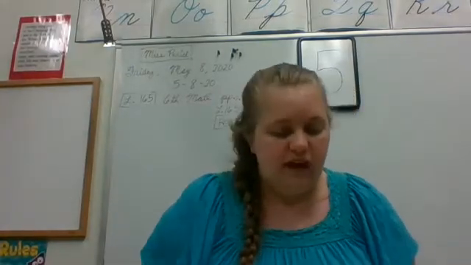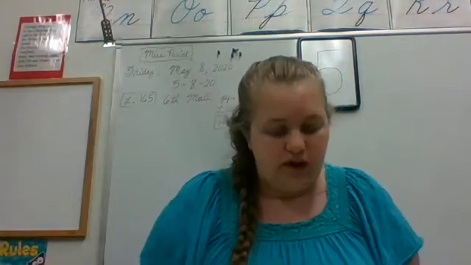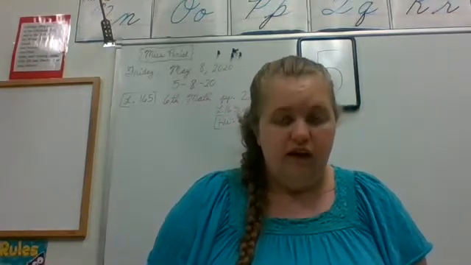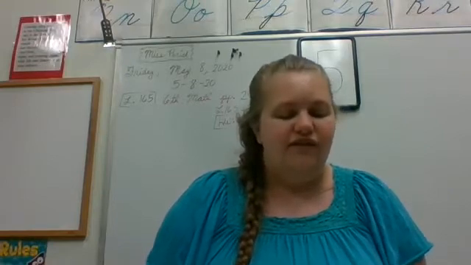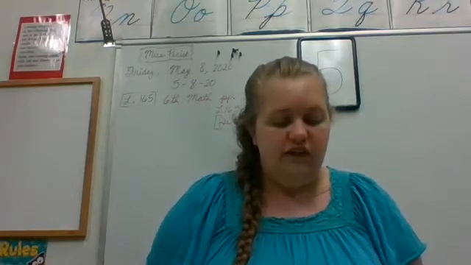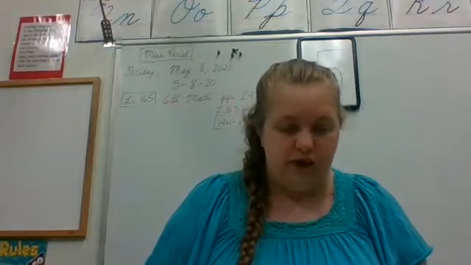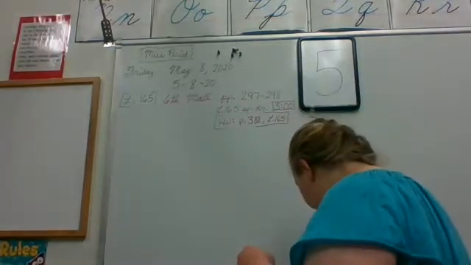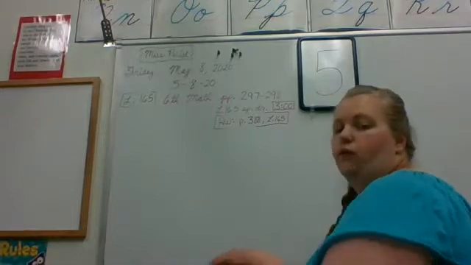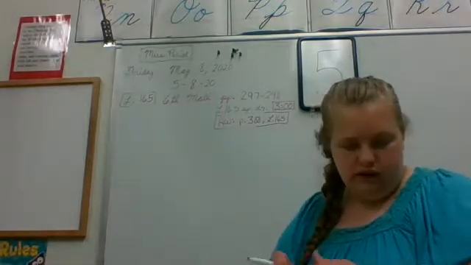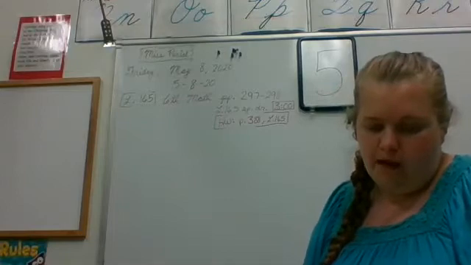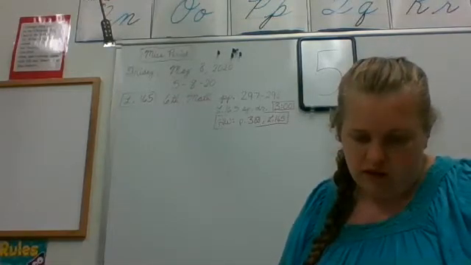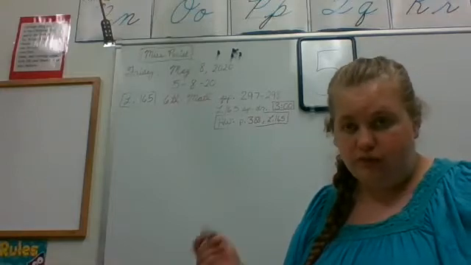So the example here, find the cost to burn a 75 watt light bulb for 3 days without turning it off at the cost of 9.5 cents per kilowatt hour, okay? So here's what we're going to be doing. First of all, we need to know how many hours 3 days is, okay?